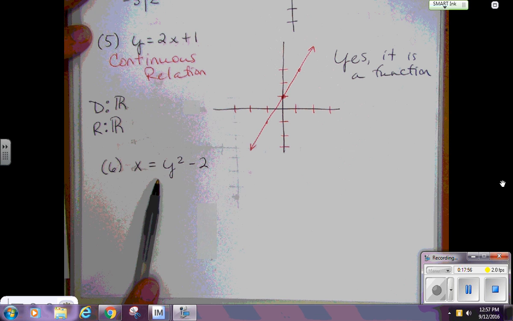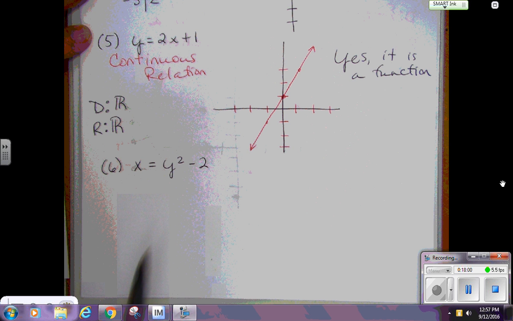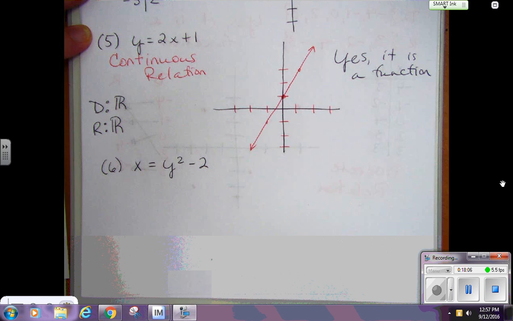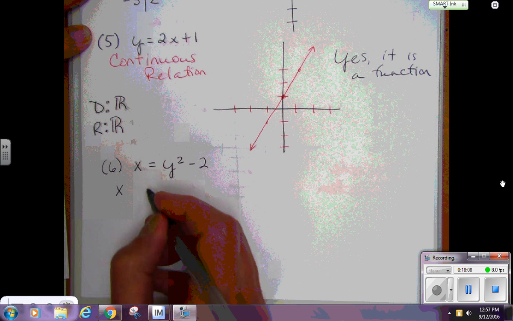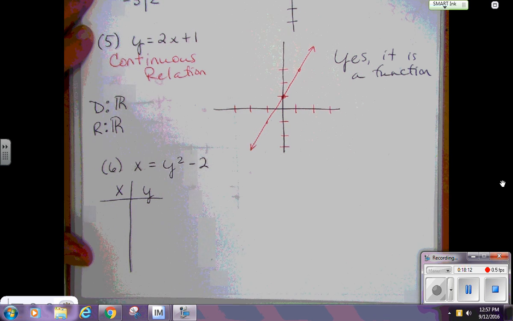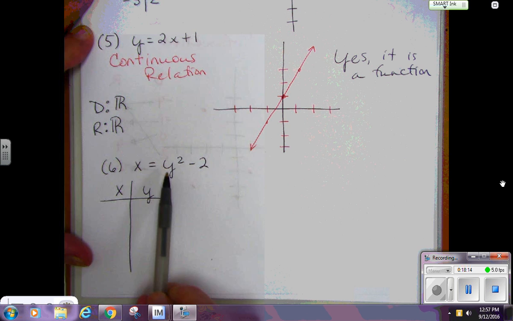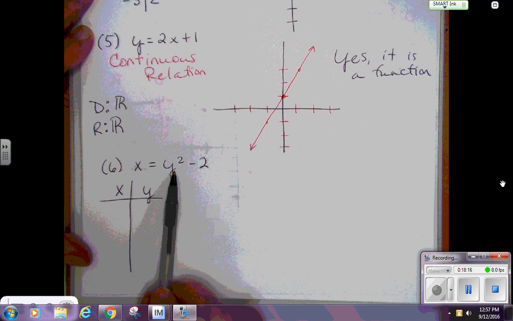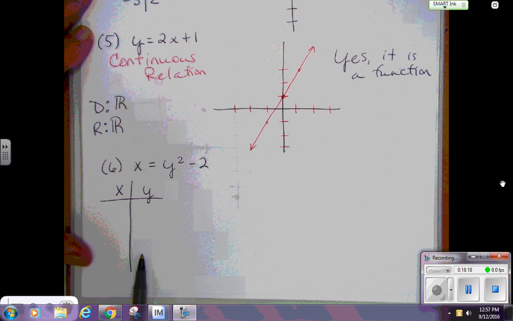So there's a trick whenever you graph these. You need to pay attention to this because you're going to have to do it in your assignment. Whenever you have something squared like this, the values that I choose for y need to include negative and positive values. A good one to start with would be -1, 0, and 1.